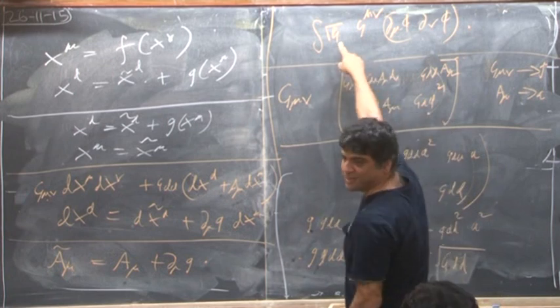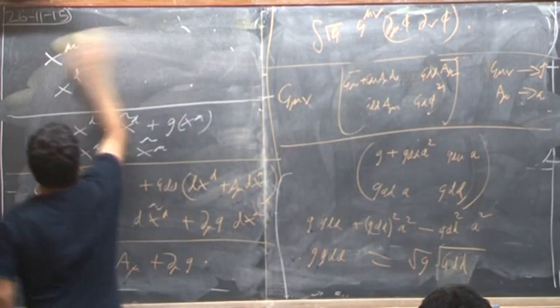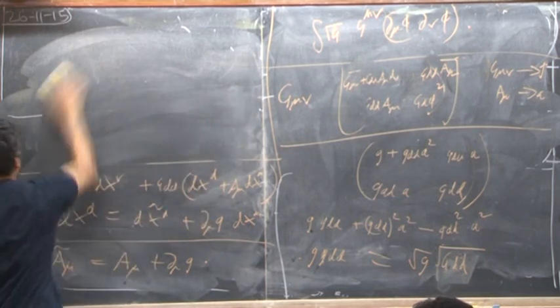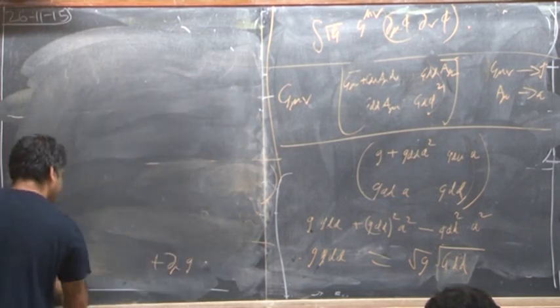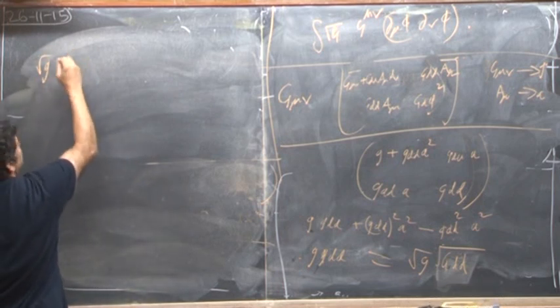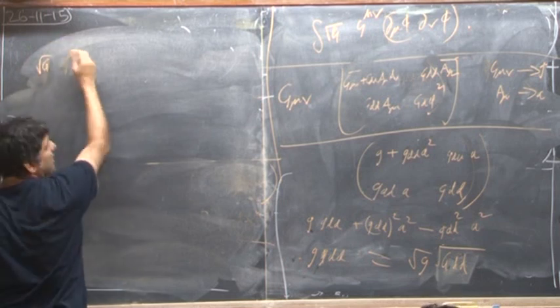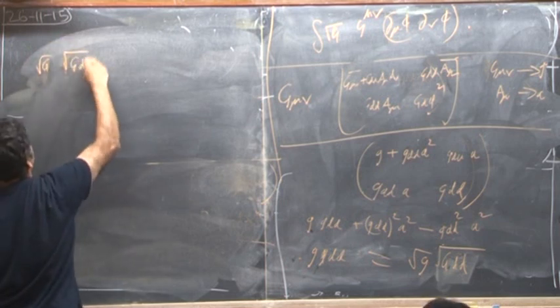Because that's what is going to go into this action. So good, we've got off to a good start. We have square root G times square root G_DD.